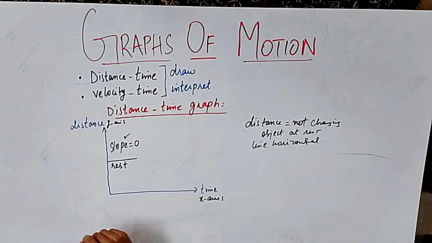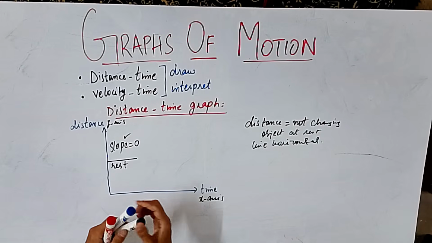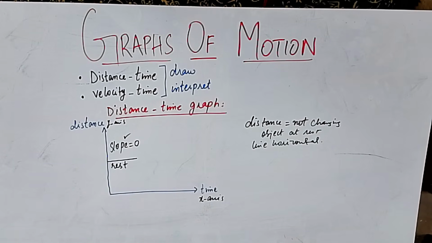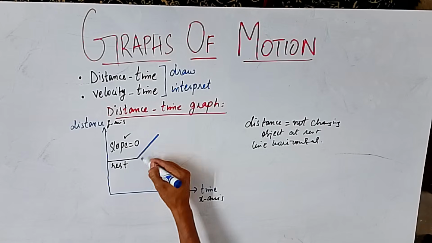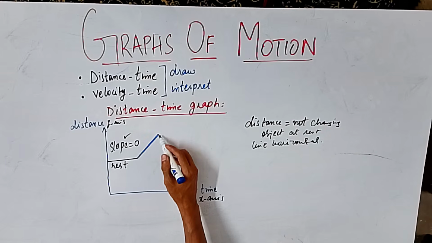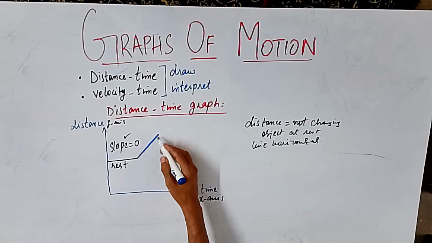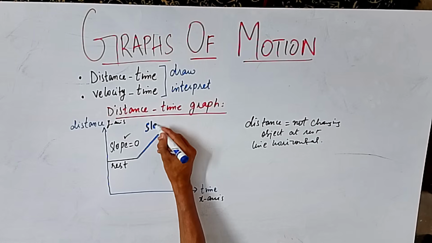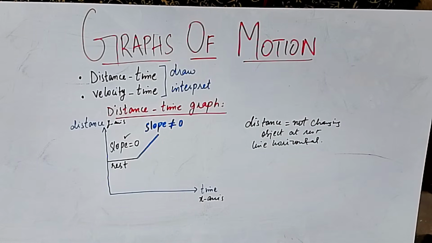Now what will happen if we have a line like this? If you look at this line, it shows that the distance is changing with respect to time, so there must be some slope. Now the slope is not equal to 0. It must have some value. So what does it mean?